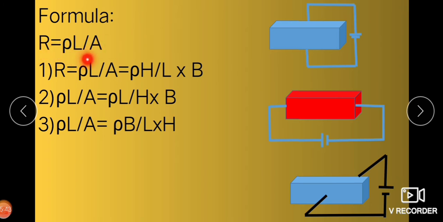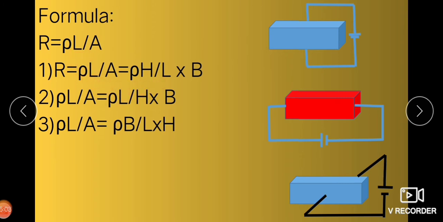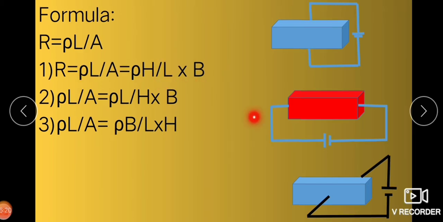The formula is the same, R is equal to rho L upon A, but which length will we consider here? This will be your judgment. Here the length considered is the height h, hence I have written rho h upon, and the area of cross section will be length into breadth, so I have written L cross B. In the second slab of the same material, the length is L and the area is height into breadth.